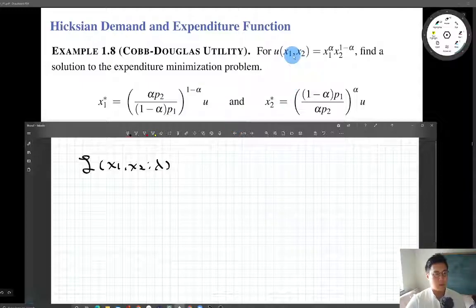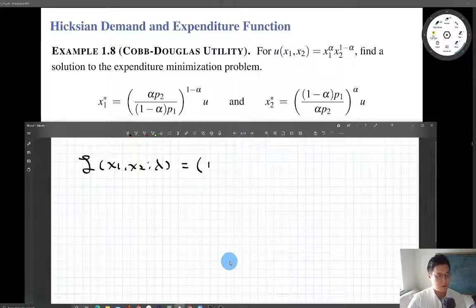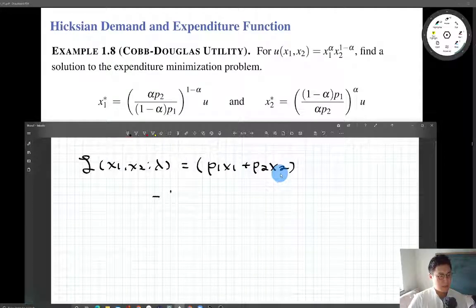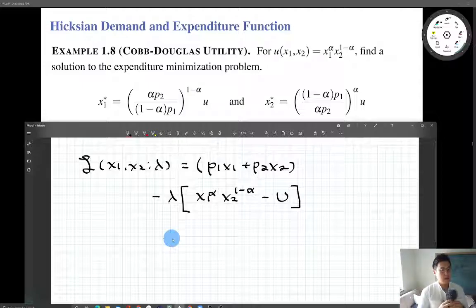Because now we are working with two commodities, and we first write the expenditure function, so p1 x1 plus p2 x2. That is what we are going to minimize, right? And minus lambda times, given this utility, x1 to the power alpha times x2 to the power 1 minus alpha, and minus target utility u.